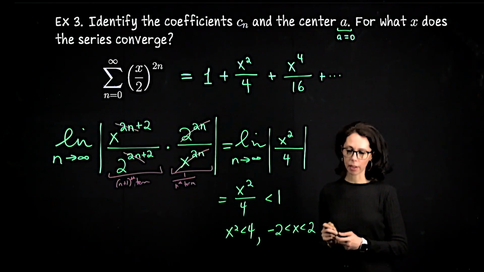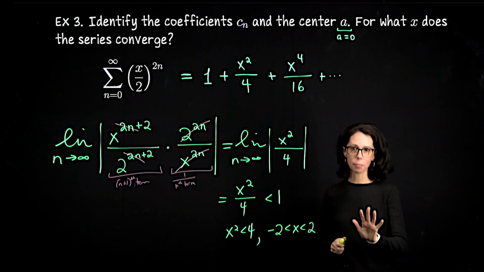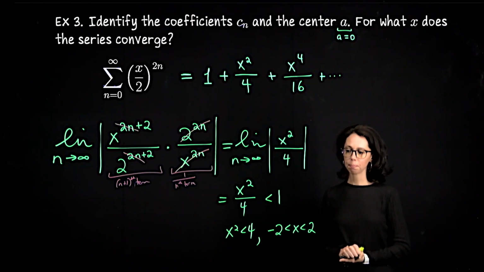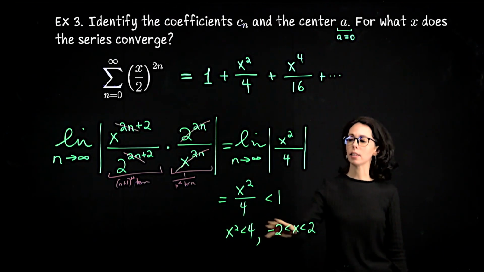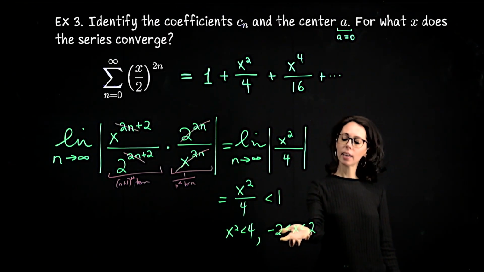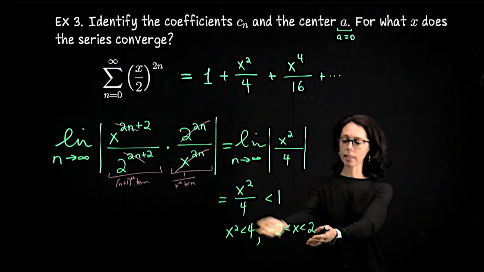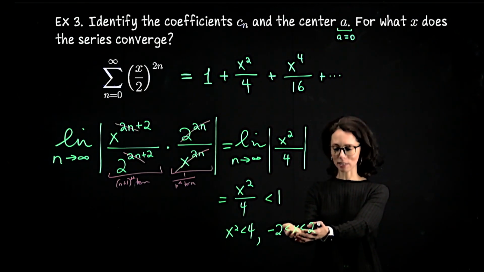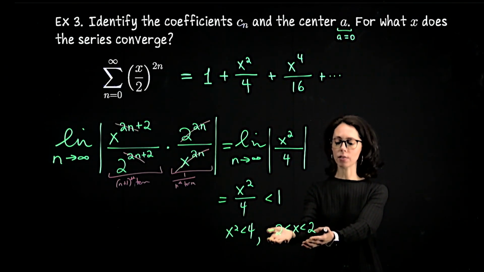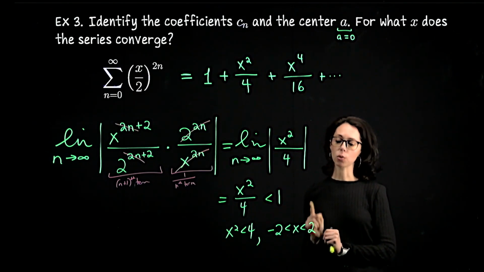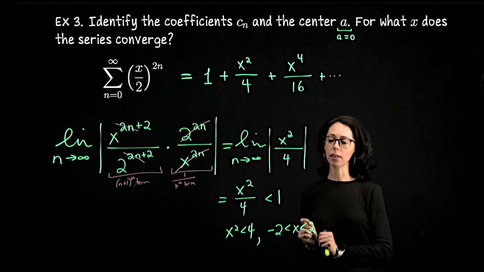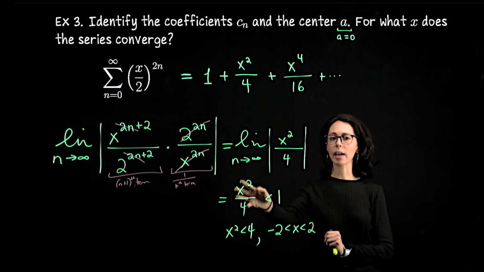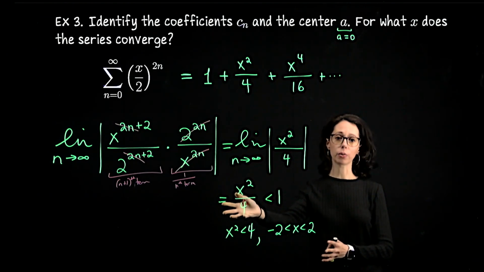We're not done. I want to step back for a second, but we have to keep going a little bit further. When you do the ratio test and set the result less than 1, it gives you, in this case, a nice domain of values for x between -2 and 2. If x were either 2 or -2, when I plug it in here, I get a ratio of 1, which is inconclusive.